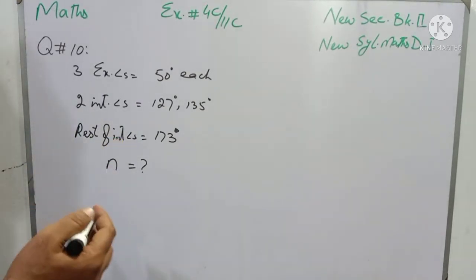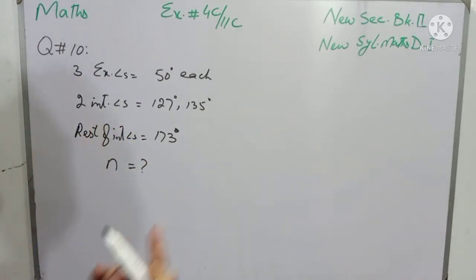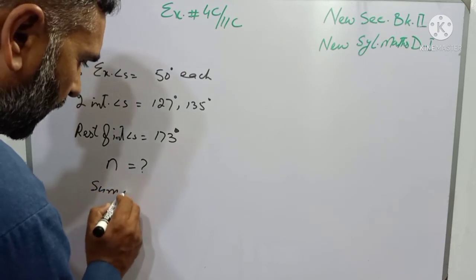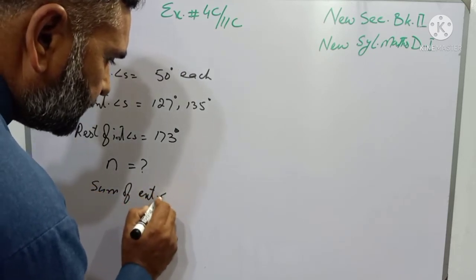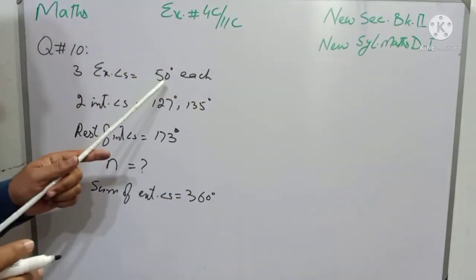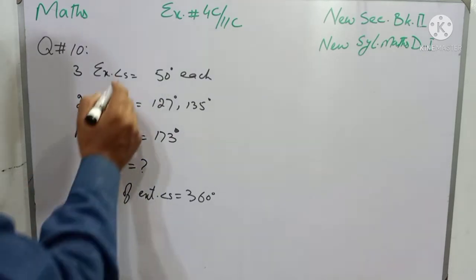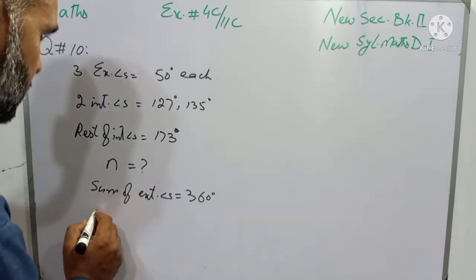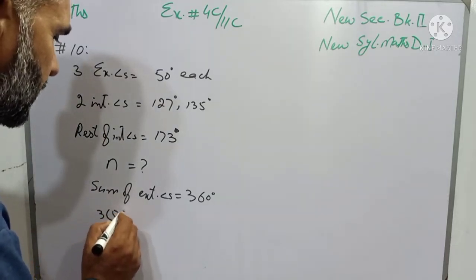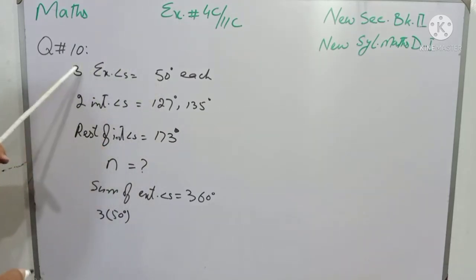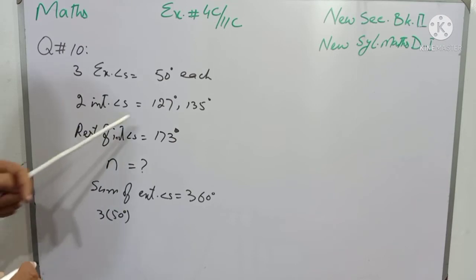So it is easy to find n by using the fact that the sum of exterior angles is equal to 360 degrees. Students, three exterior angles each are 50 degrees, so we write 50 plus 50 plus 50, or 3 into 50 degrees.